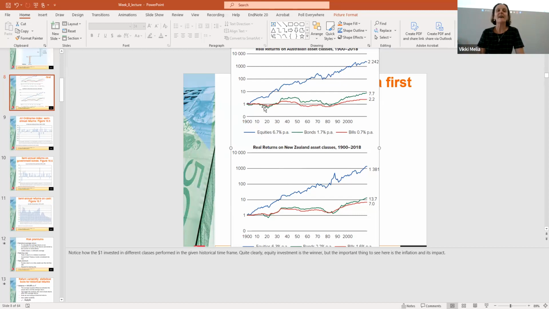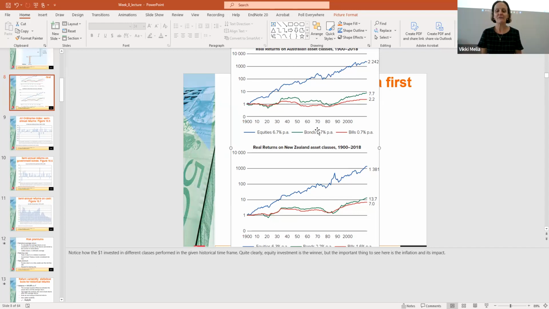And that kind of leads into the next point. These are showing you the average historical returns for these asset classes. In Australia, the average historical return for equities is 6.7% per year, but that goes right back to 1900. If you looked at a shorter period of time, say the last 30 years, you would end up getting a higher average return per year.